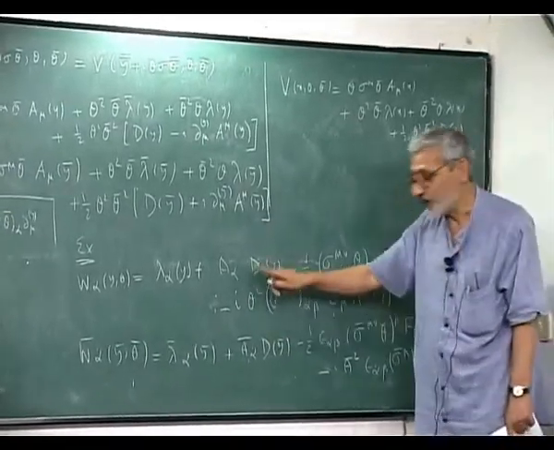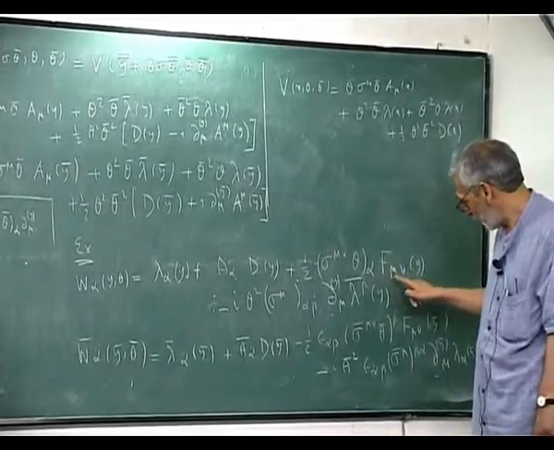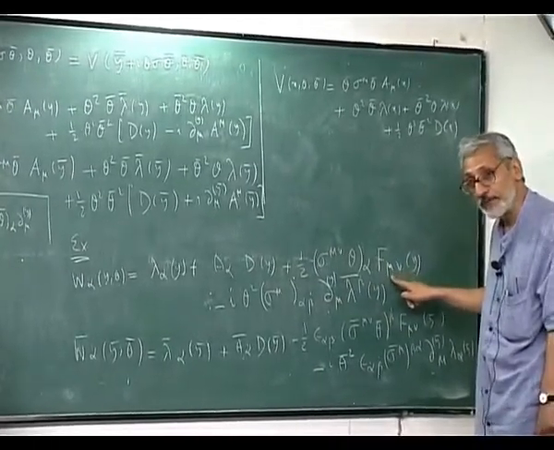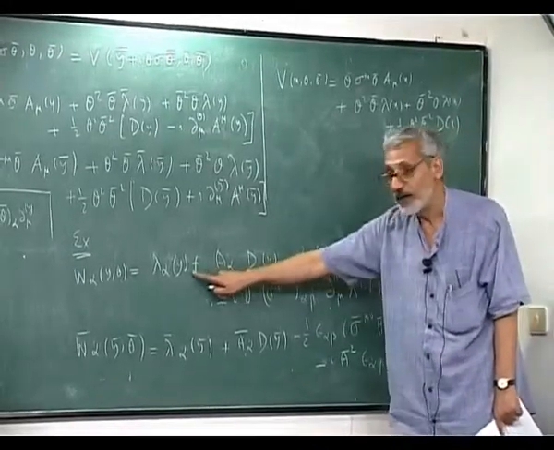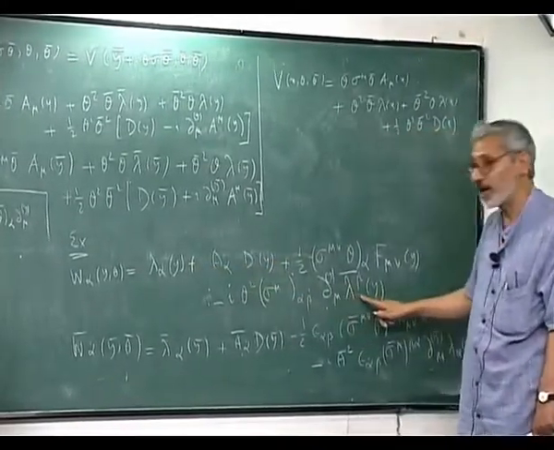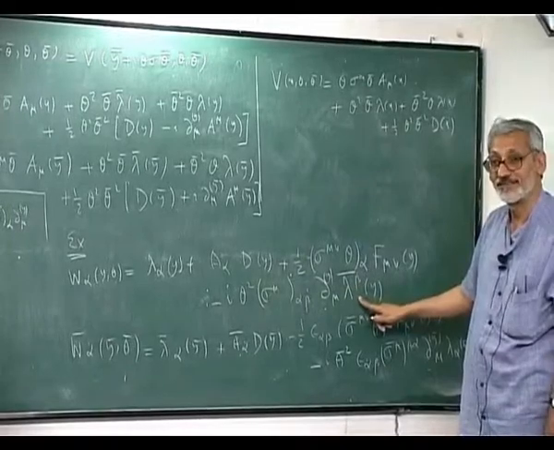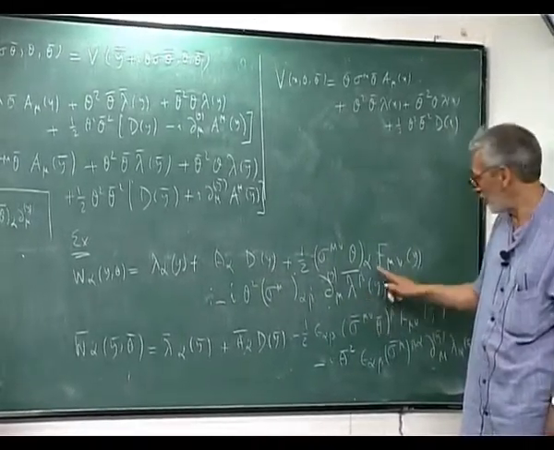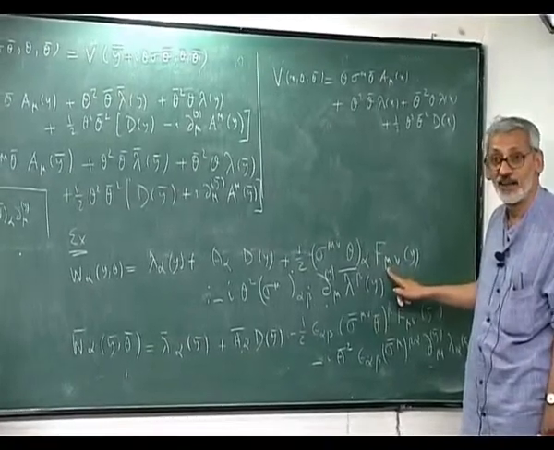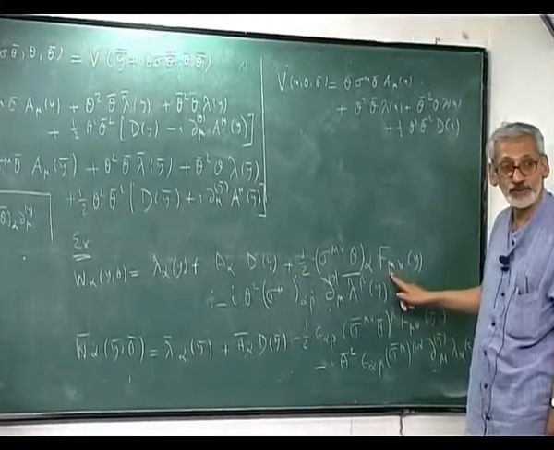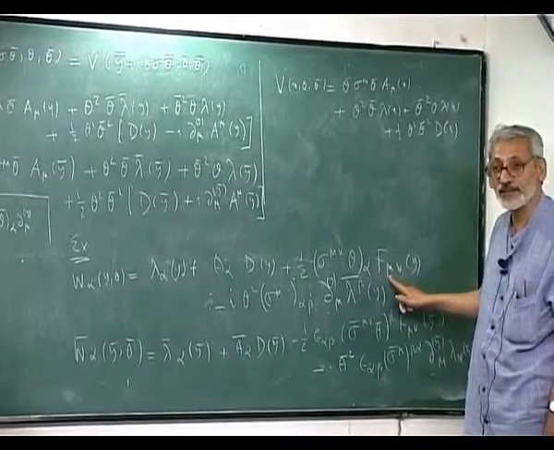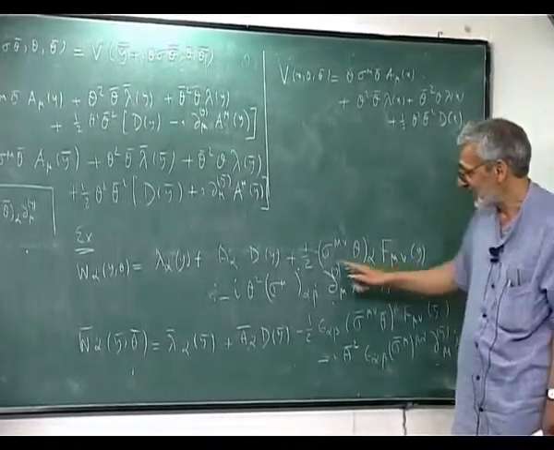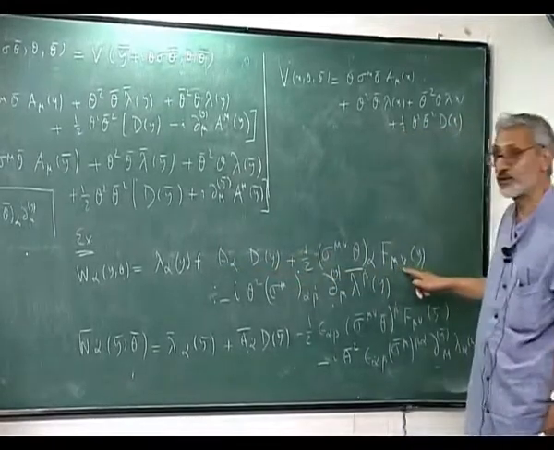So we have a super field which has components f mu nu, lambda and derivative of lambda. So this tells you that the super field that contains the field strength of the gauge field, lambda and field strength are super partners.